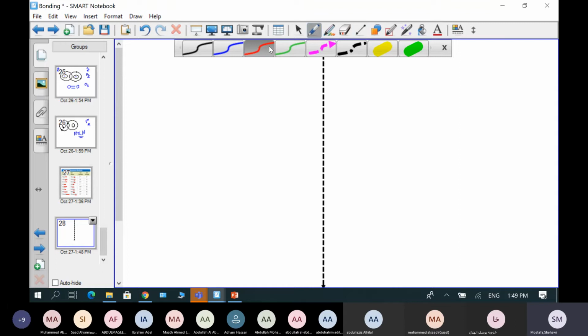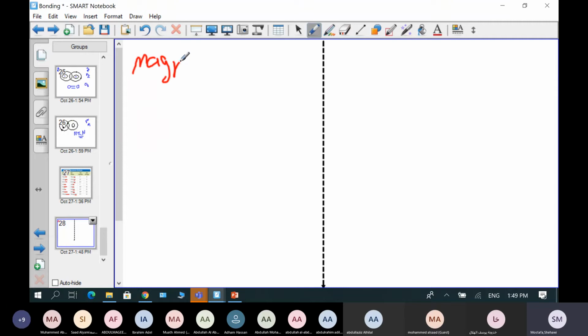Let's start with the first one. I will start with magnesium oxide. Sorry for the handwriting, guys.